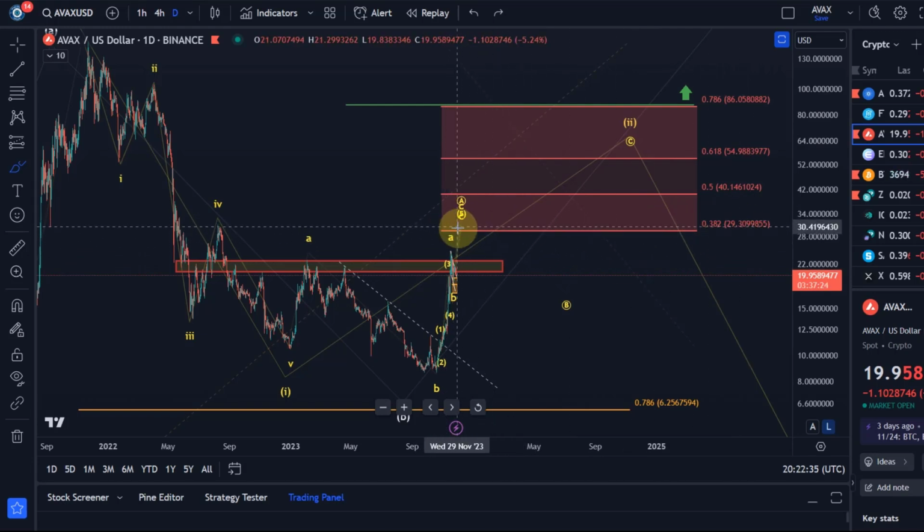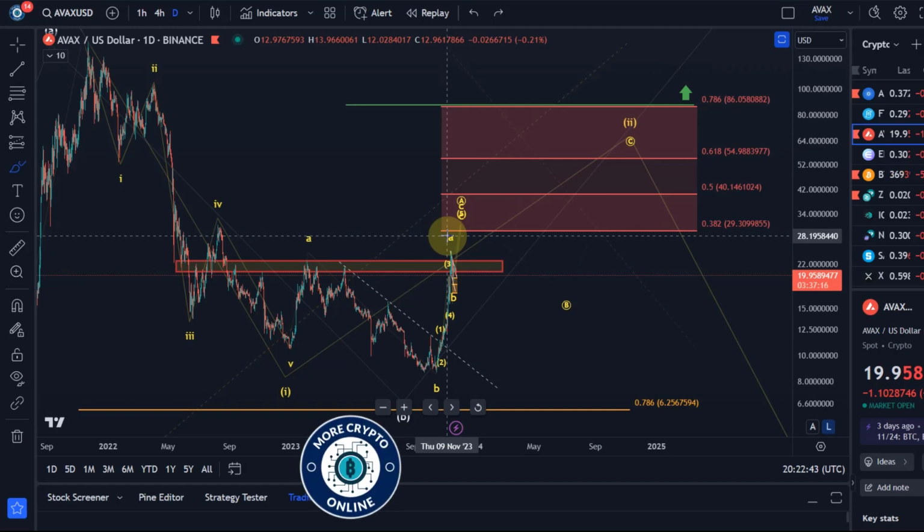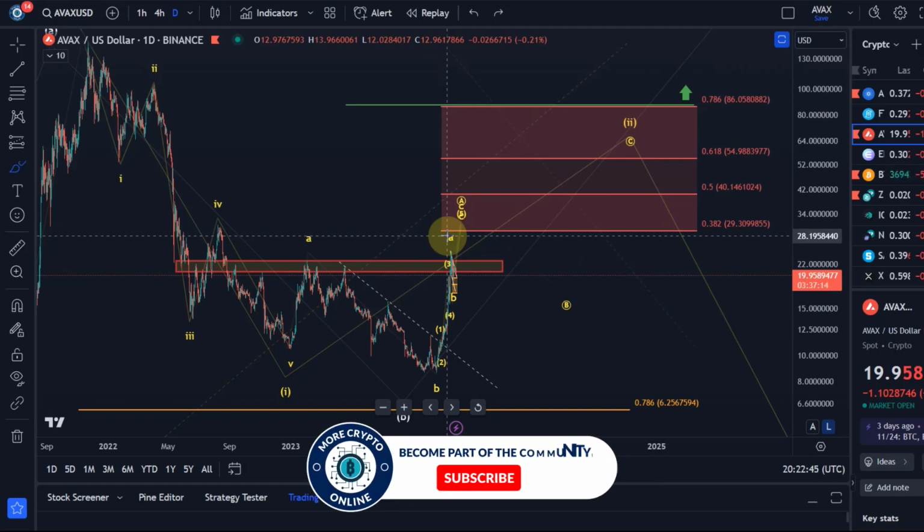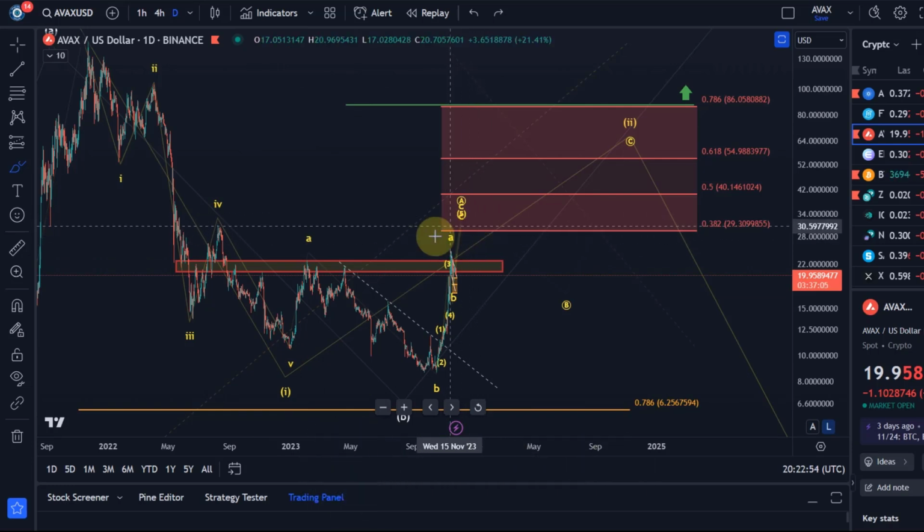There are several factors that point towards that level. We have structural resistance, we have Fibonacci resistance. Yesterday I showed you how to calculate a Fibonacci extension that points towards that level. So there's a lot going on around the $29 to $30 level. There is some confluence there.